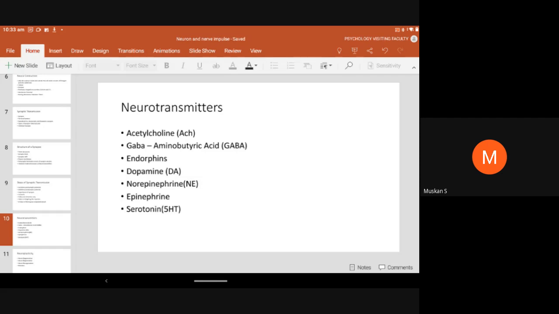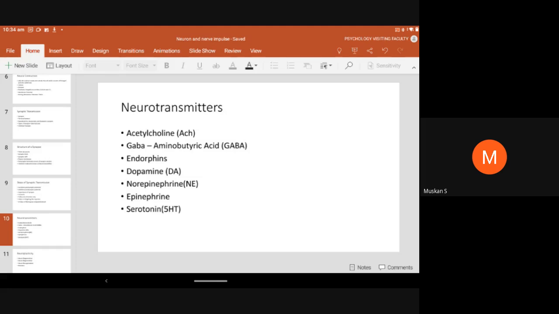So if there is any decrease of this dopamine, then obviously that person will have some depressive symptoms. Okay. Then the norepinephrine, that is abbreviated as NE, it affects the eating, the alertness, and the wakefulness. That means the conscious level of mind.